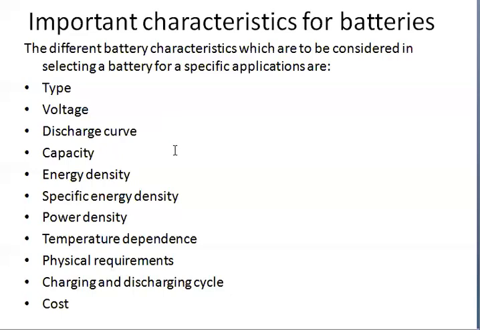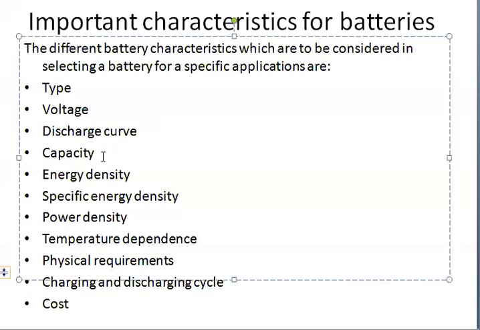The graph drawn between the battery voltage and the discharge capacity in percentage is called the discharge curve. The voltage level of the battery should remain constant even when the energy is discharged. And coming to the capacity, that means the quantity of electricity existing in the electrochemical reaction of the battery is called the capacity.